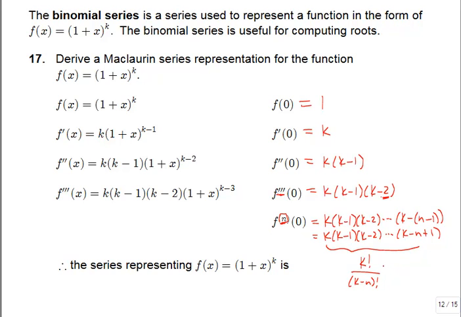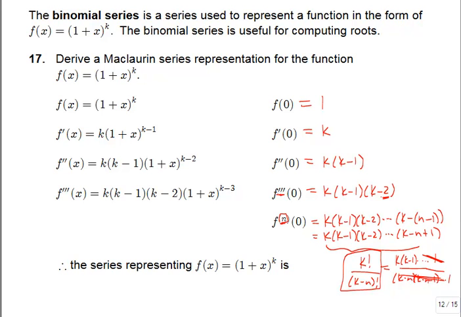So this k factorial over k minus n factorial simplifies into k, k minus 1, all the way down to 1, over k minus n times k minus n minus 1 all the way down to 1. So you lose part of these, and the ones that you're left with are all the ones above k minus n, which is this k minus n plus 1 and above. So that's why this product right here is the same as k factorial over k minus n factorial.